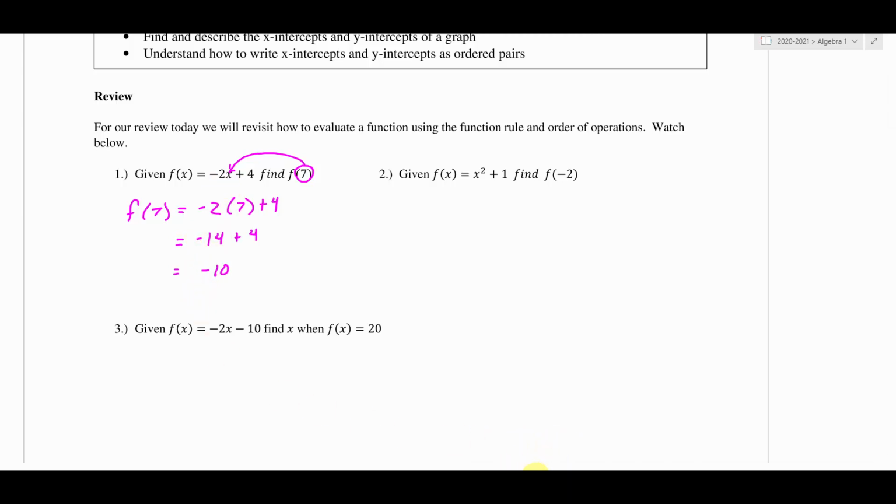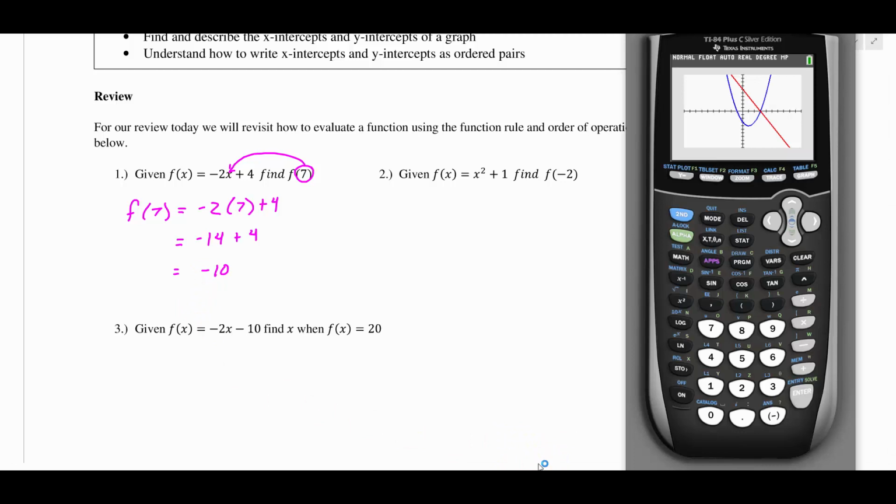I will demonstrate that on my calculator just in case we're still getting the negative and the minus button mixed up. I've talked about it in previous videos. So for instance, if I want to do negative 14 plus 4, I'm going to do negative, this is the negative button, 14 plus 4. This button down here is different than this one right here. This is negative, this is minus. I'm going to hit enter and we get negative 10.